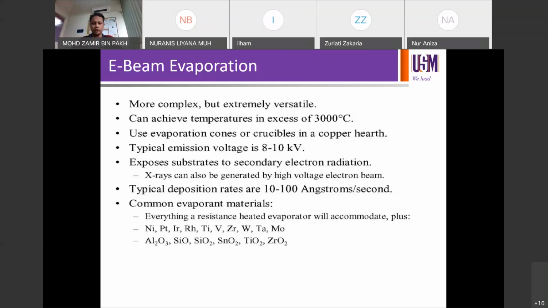Whatever your substrate is, silicon or glass or some other stuff. Simple. On the other hand, E-beam is more complex, but serves a wider range of materials to be evaporated.